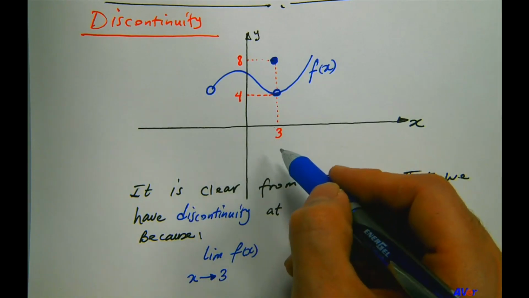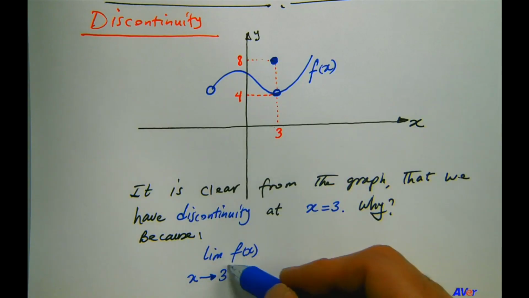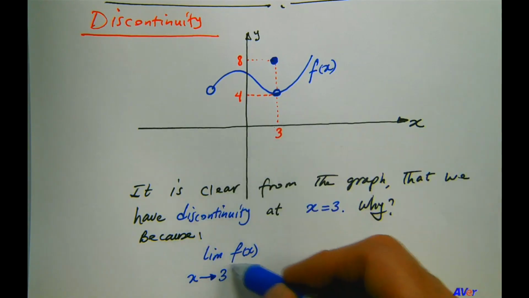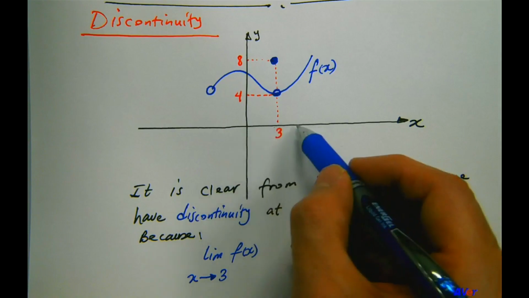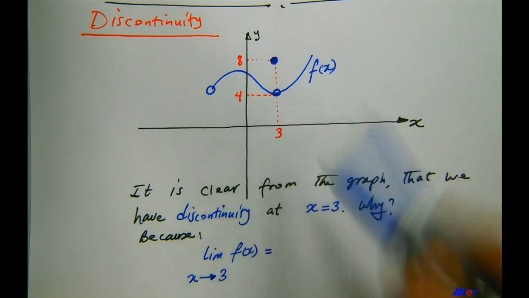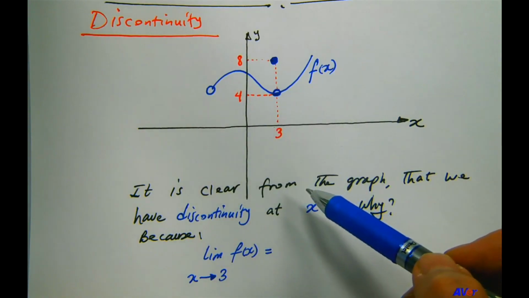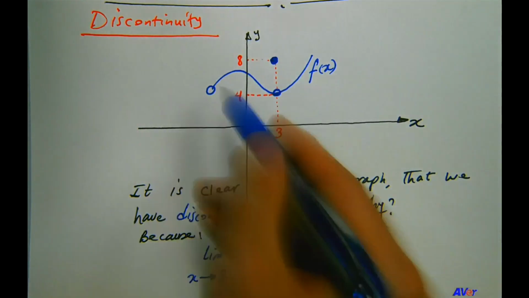When we leave it blank, it means approaching from both sides. If it's approaching from the left, we say 3 with a minus in the upper right corner. If it's approaching from the right, we say 3 plus. When we leave it blank like this, that means approaching 3 from both sides. What is the limit of this function as x approaches 3 from both sides? It is 4, right? From the graph, we can read that.